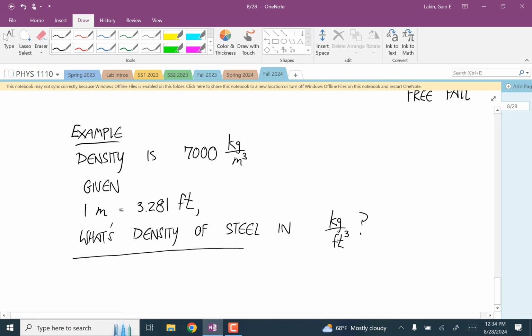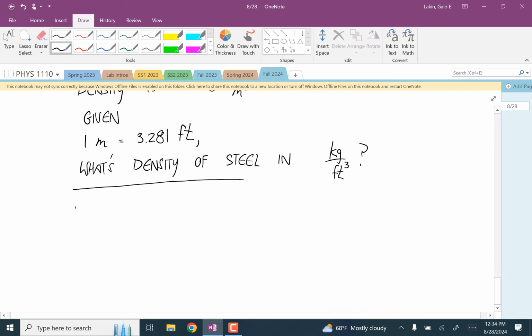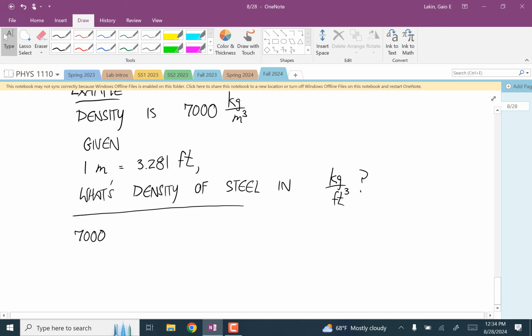So we're starting with 7,000 kilograms in the numerator. And then I'm going to write it as meters times meters times meters in the denominator.